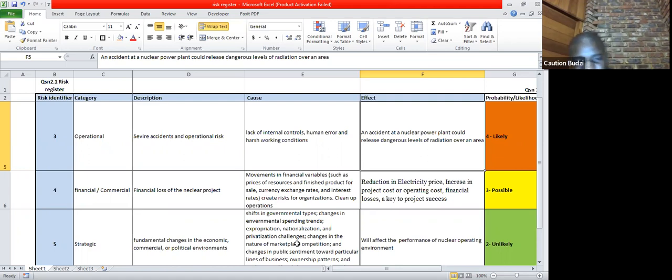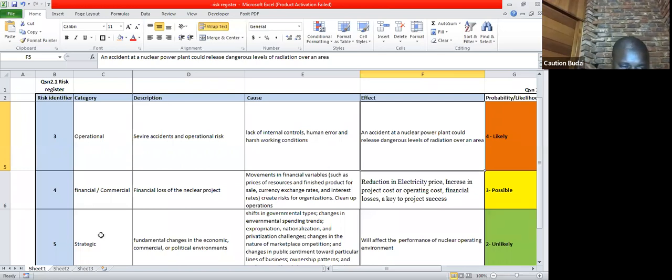So this can cause a financial risk to the organization. The effect may include reduction of the electricity prices, increase in project costs or operating costs, and financial losses, and all these are key to the project success. So the project might fail because of all these financial risks.